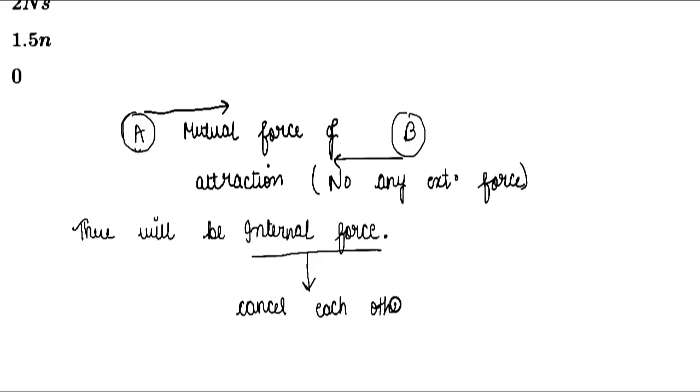As this is given in the question that speed of A is n, whereas the speed of B is 3n. If we take the speed, nothing matters, the speed could be 3n and 4n, or 1 by 5n or whatever, because we know if there is a mutual force or an internal force, this will cancel out each other.